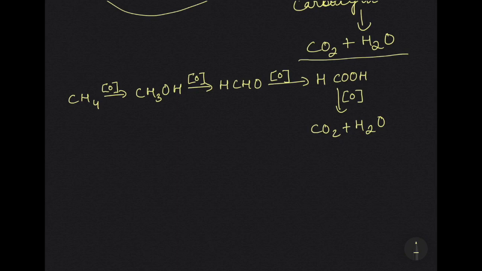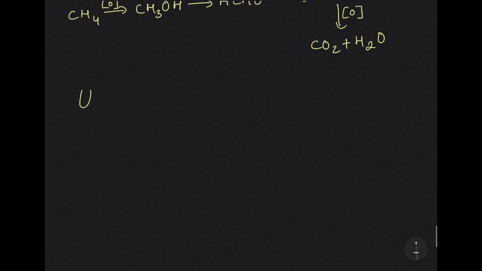So finally we come to the uses of methane. It is a source of carbon monoxide and hydrogen. It is used in the preparation of ethyne, methanol, chloromethane, tetrachloromethane.